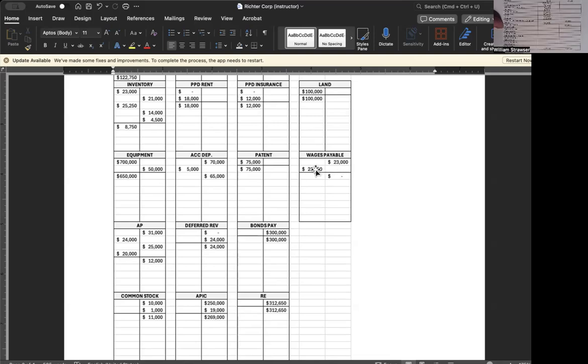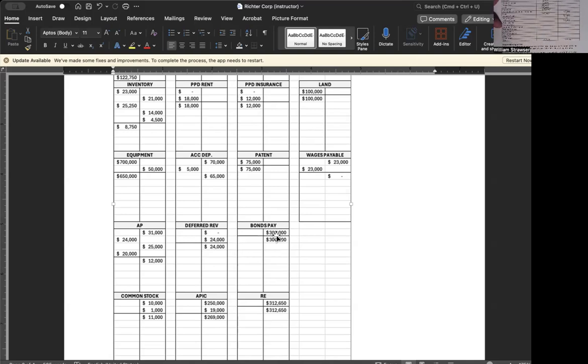I paid that off and some of their work during the first half of this month. So I don't owe them anything as of the unadjusted balance date. So that is zero. My deferred revenue did not exist, but then I got a $24,000 advance payment, and that would be a credit balance of 24,000.